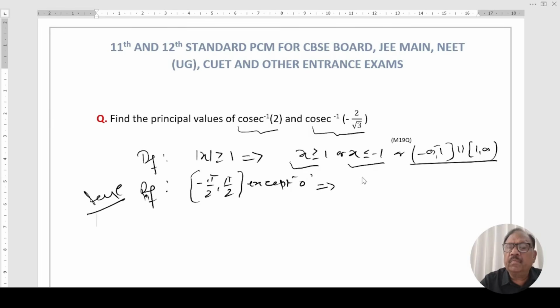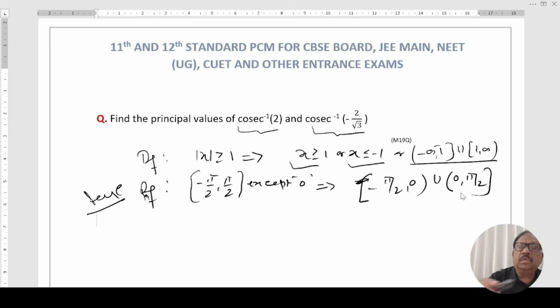Or we can write minus pi by 2 to 0, closed interval, union 0 to pi by 2, closed interval.